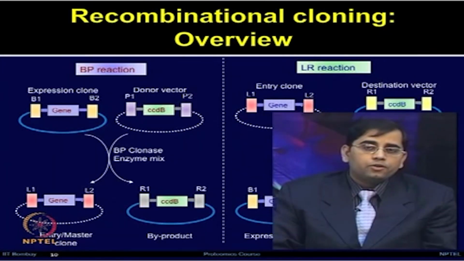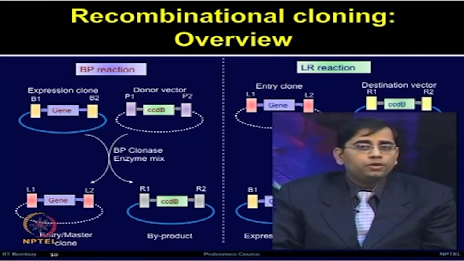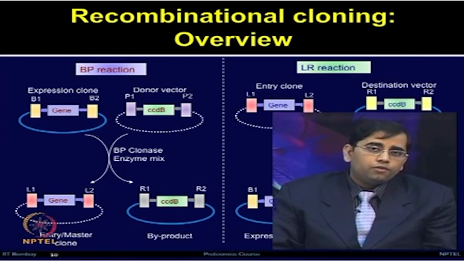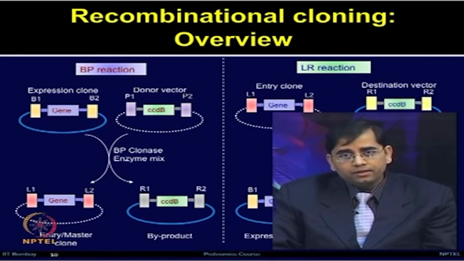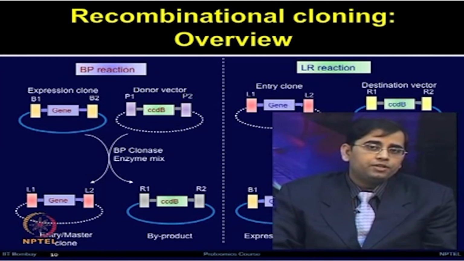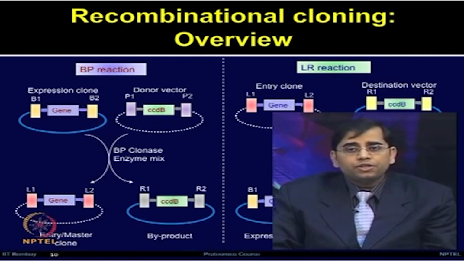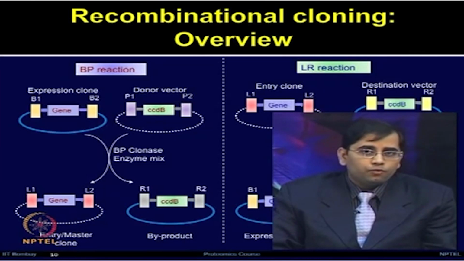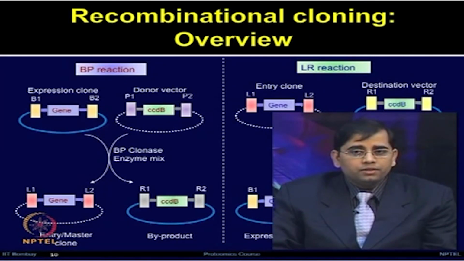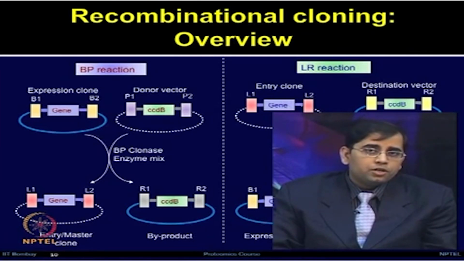So, the recombinational cloning technology facilitates protein expression and cloning of PCR products by using site specific recombination enzymes rather than the restriction endonucleases and ligases which are used in the conventional cloning. The recombinational cloning makes use of a master clone, as you can see in the slide, having a particular gene that can be rapidly transferred to the desired destination vectors and thereby it provides significant benefit over the conventional cloning methods.